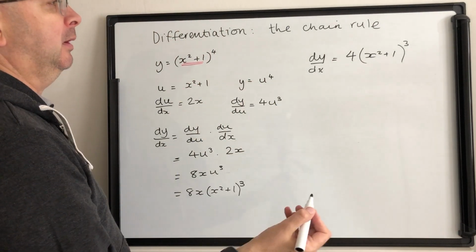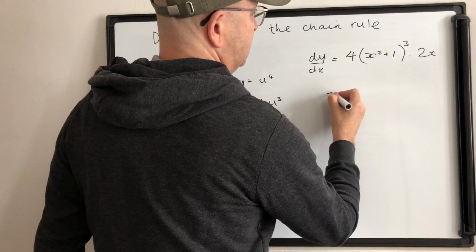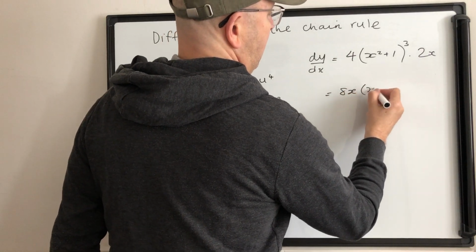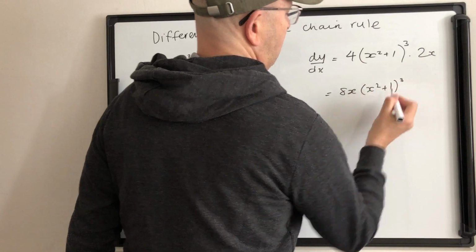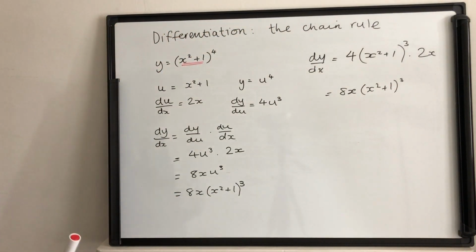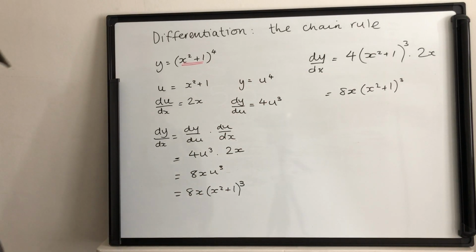But then you multiply by whatever you've put your finger over, differentiated, 2x, so it's going to be 8x(x² + 1)³. So you can see that is a great deal faster than that method.